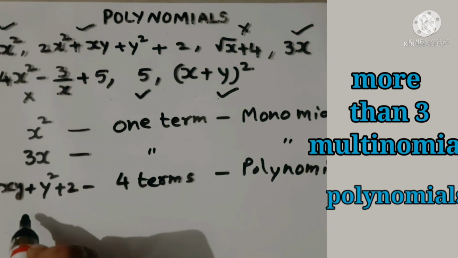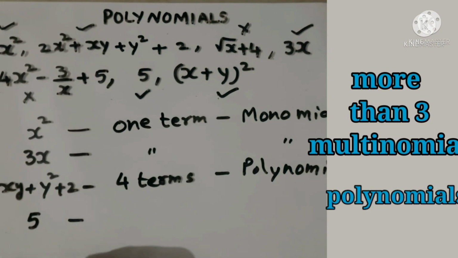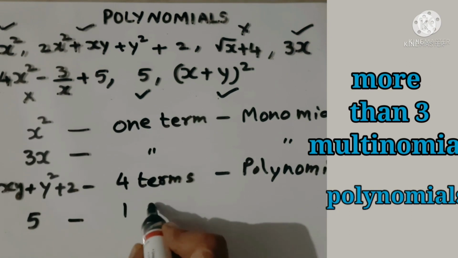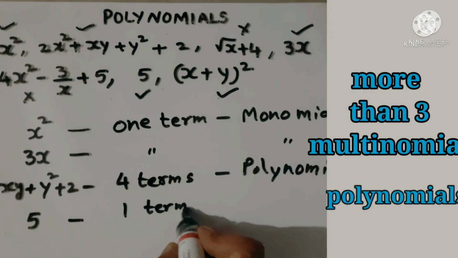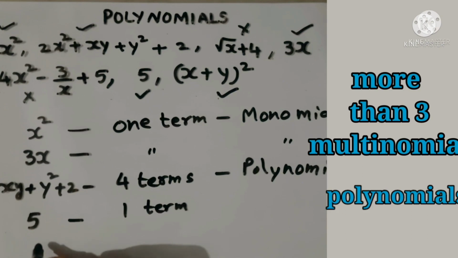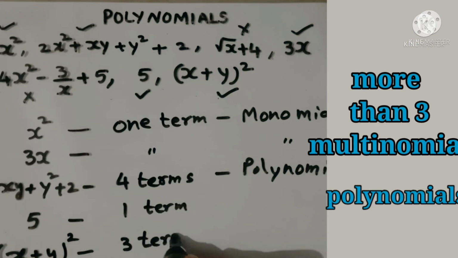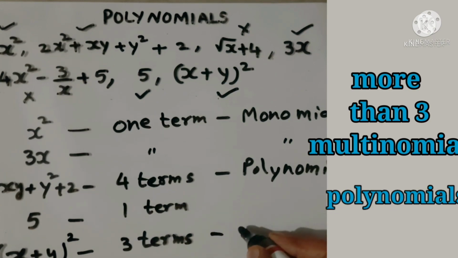Let us move to the another one. 5. It is a constant, just one term. So this is also called monomial. And here x plus y whole square. How many terms we got here? 3 terms. So these 3 terms we call this as trinomial.